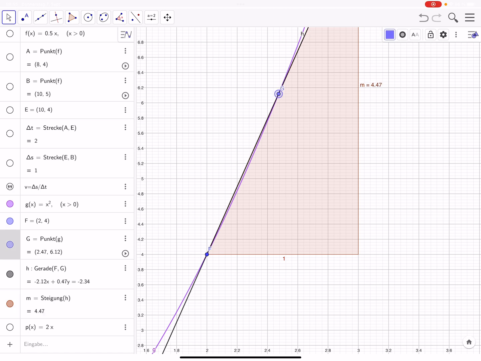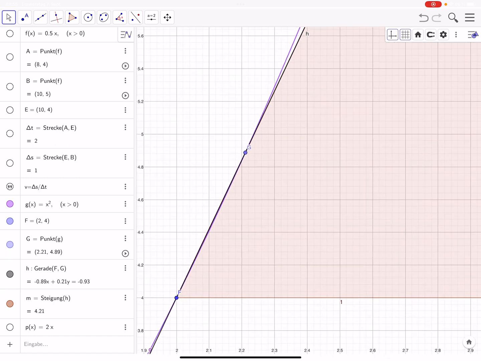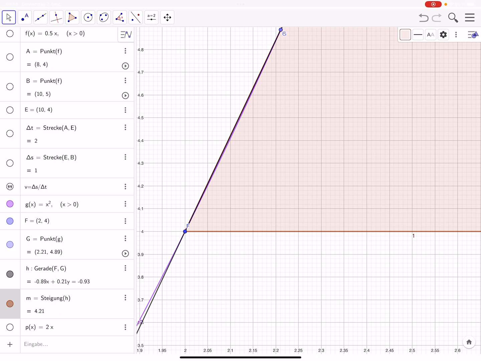So we continue with that, and we see that the black line and the purple graph are getting closer to each other.